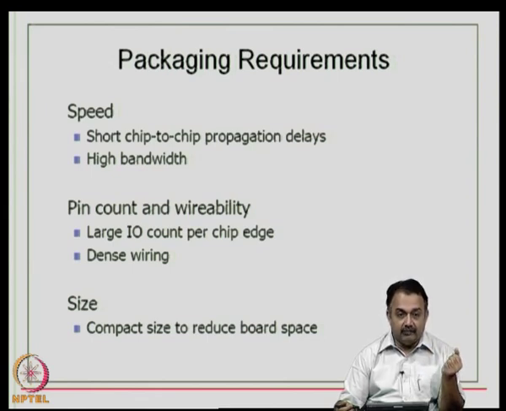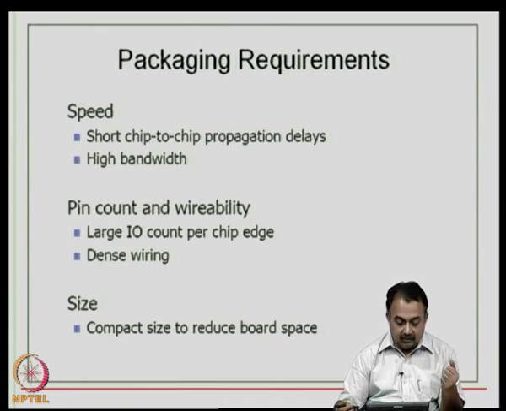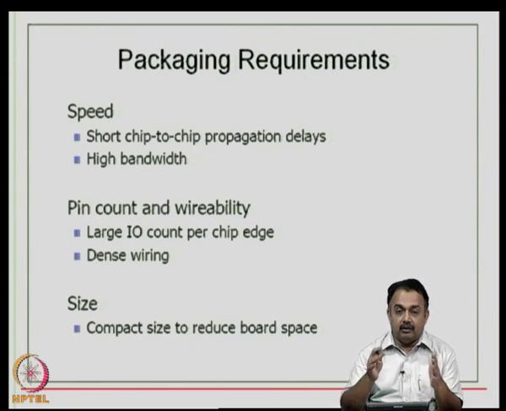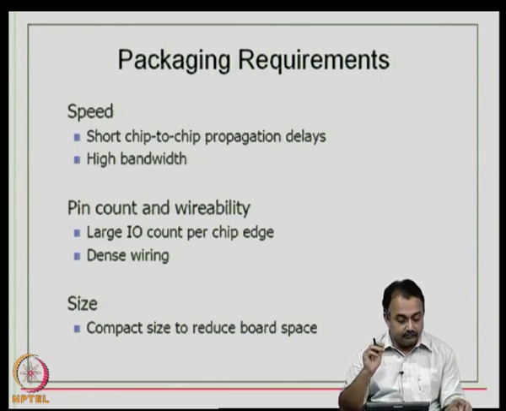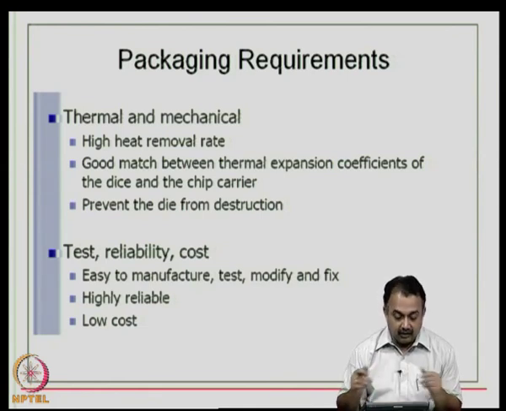Then high bandwidth, pin count and viability is a major requirement. All IC manufacturers look at increasing the number of IOs per chip, thereby increasing the wiring density. And you need to reduce the size of the device, because today the product size is also reducing, and in between the board also gets reduced. This I have repeated time and again.